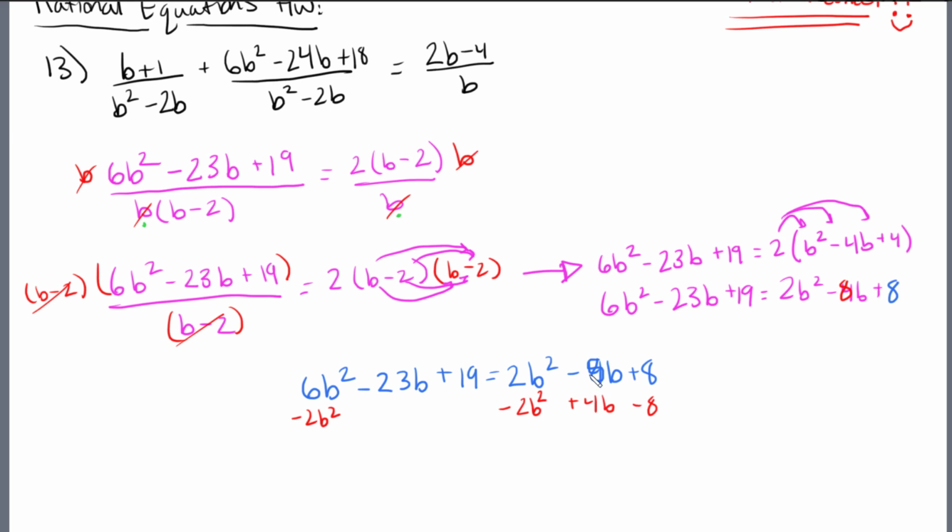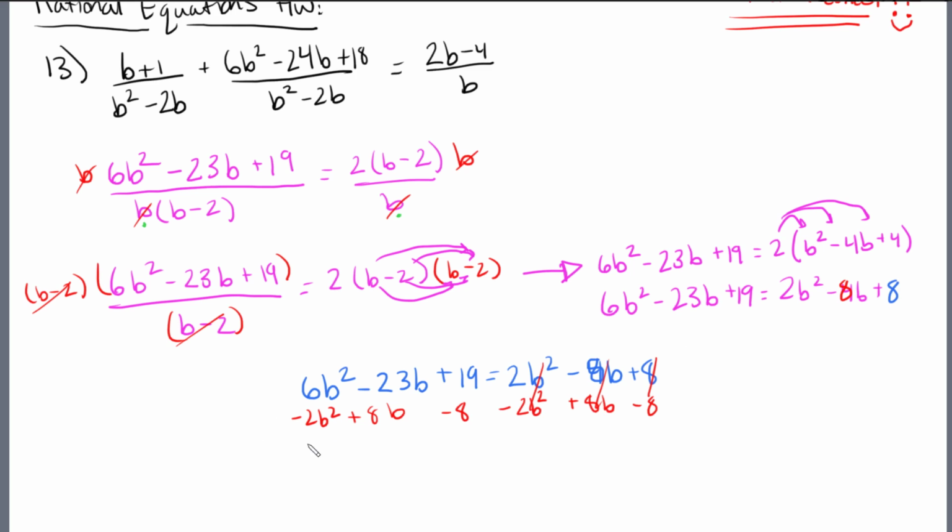Okay, so plus 8b on both sides, and minus 8, minus 8. So cancel everything on the left.